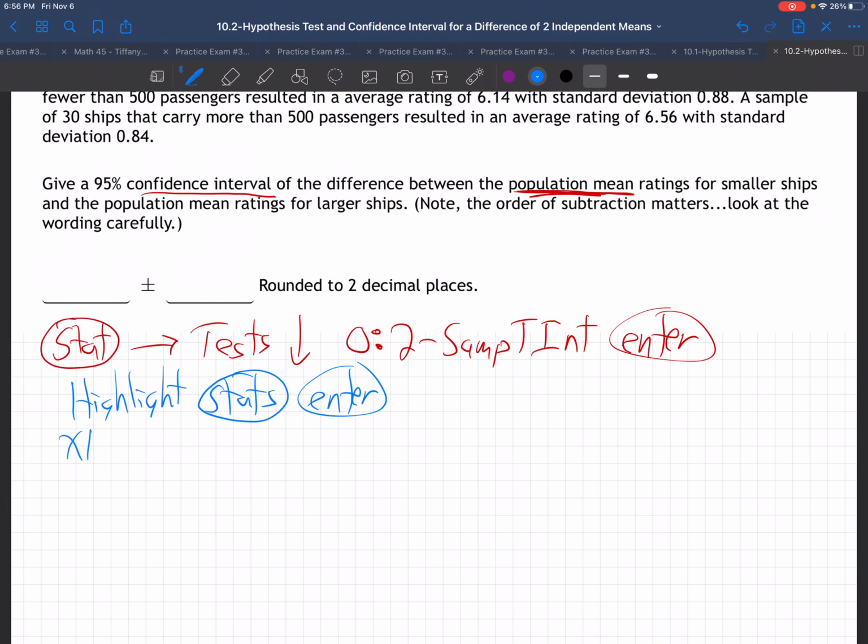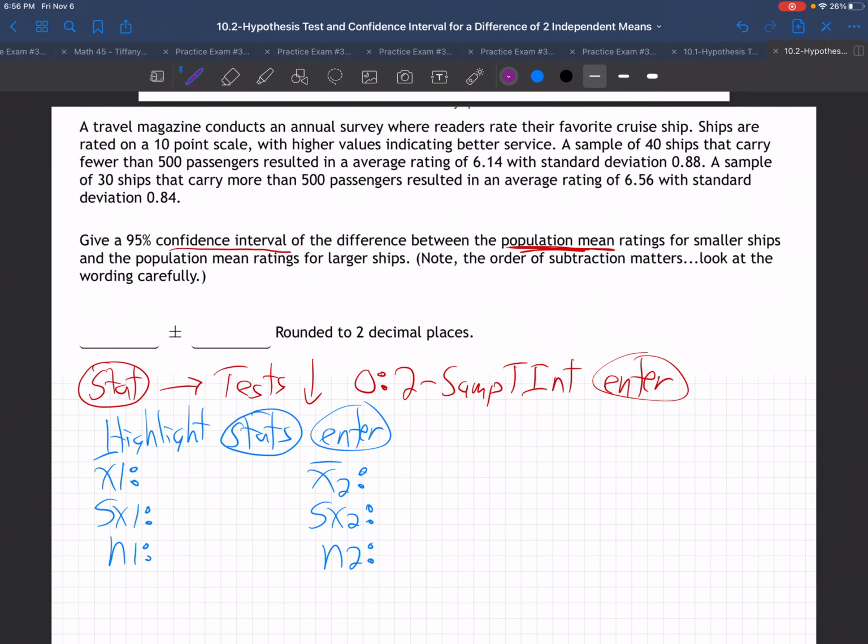It says, all right, give me x bar 1 and s sub x1 and n1. And then it wants x bar 2 and sx2 and n2. So let's go get that. And so let's see.